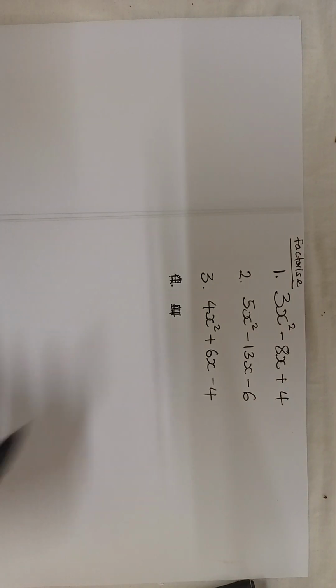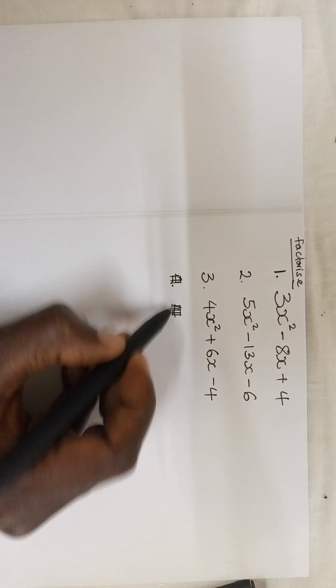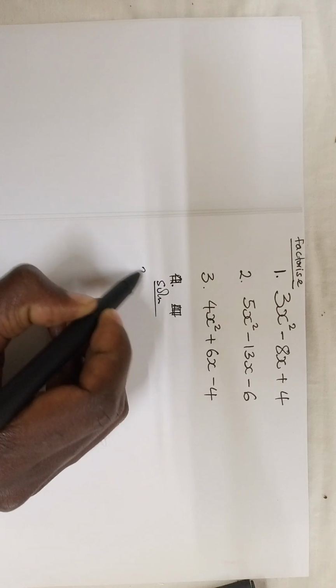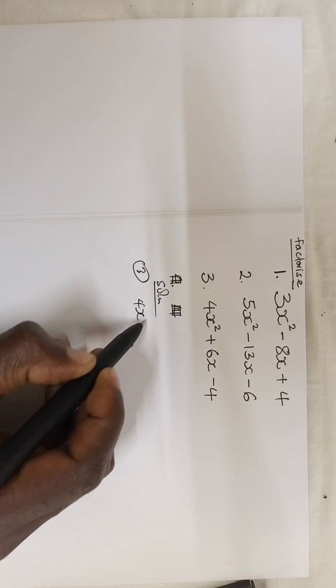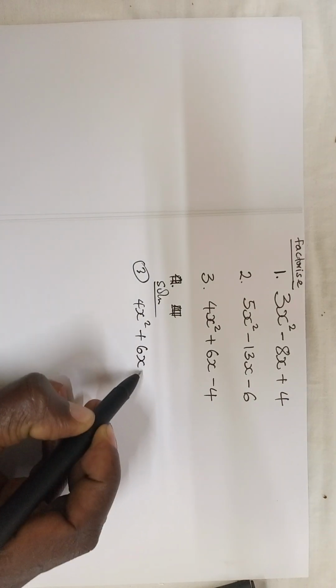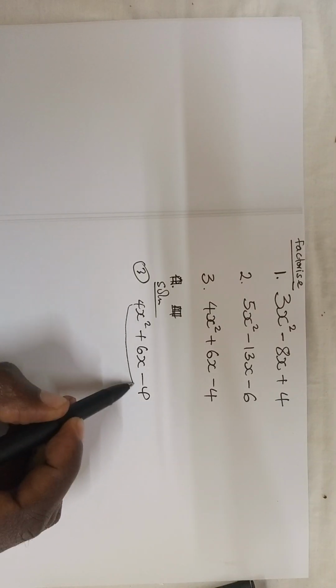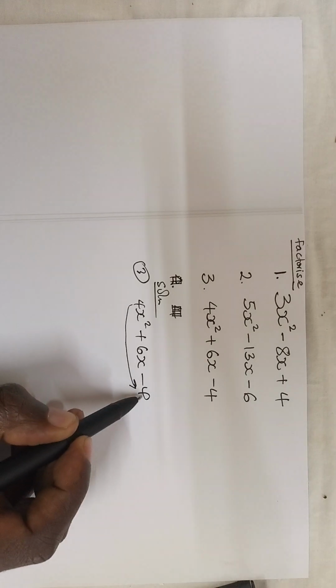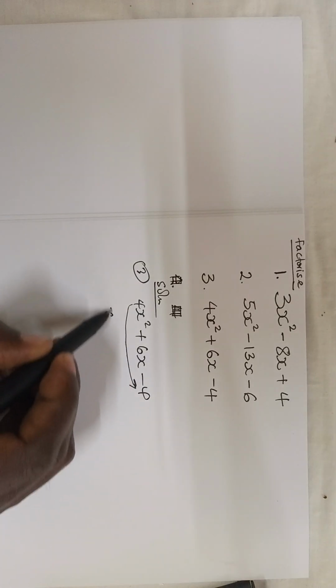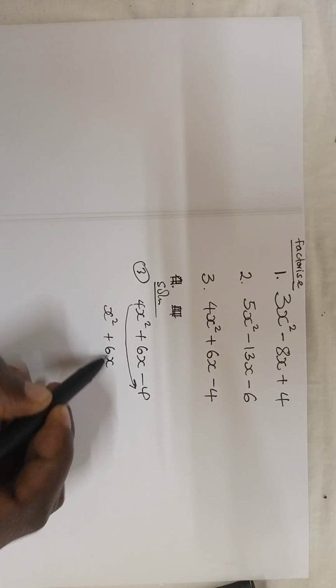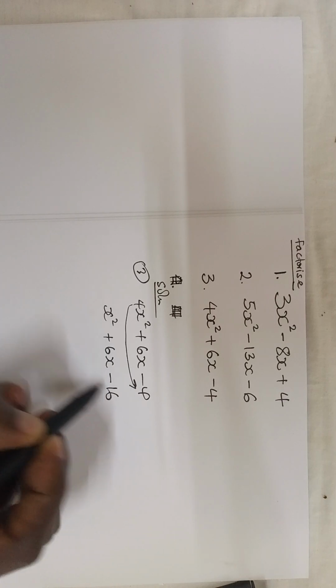So number 3, we can have it down here. The solution for number 3 is 4x squared plus 6x minus 4. Now I have 4 here, so I'll take it to here. 4 times negative 4 gives negative 16, so we have x squared plus 6x minus 16.